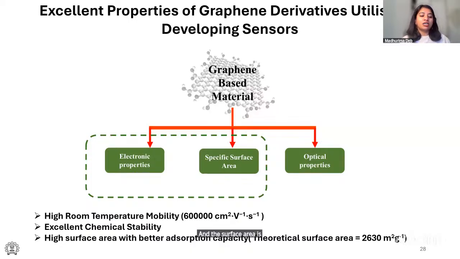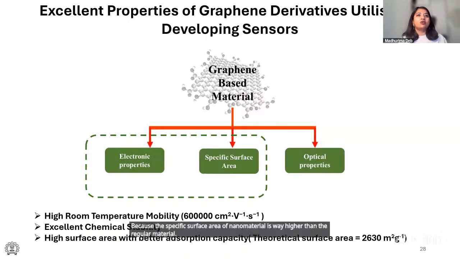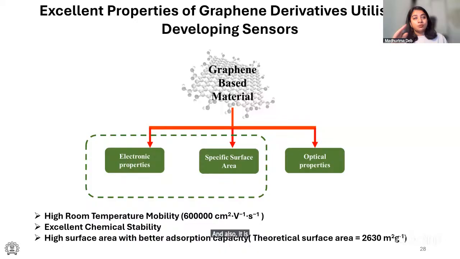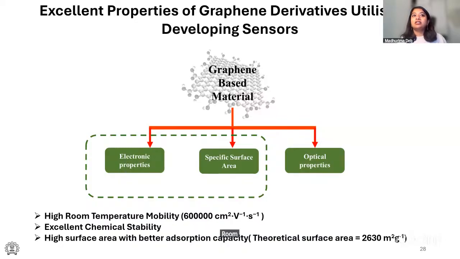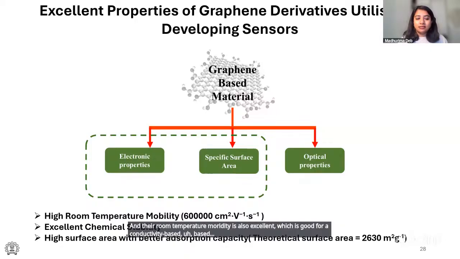Now, I chose graphene-based material because it has excellent electronic properties, and the surface area is also good. For any nanomaterial, it is very good for sensors, because the specific surface area of nanomaterial is way higher than the regular material. Especially for graphene or graphene-based material, the room temperature stability is good, and the room temperature mobility is also excellent, which is good for a conductivity-based sensor.